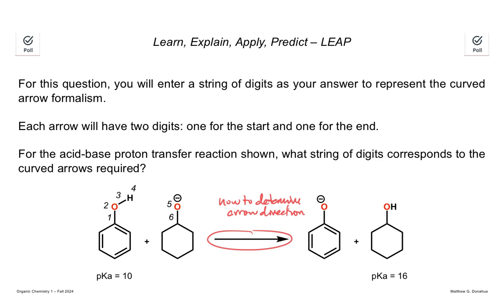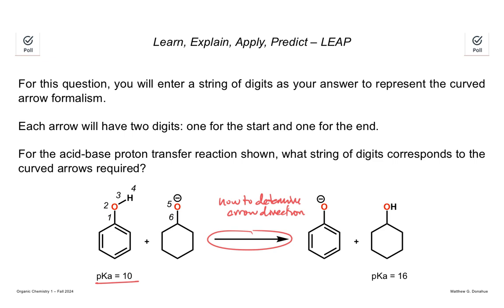So for any acid-base reaction, is the product side favored? Is there some sort of equilibrium that's set up, or is there no reaction where the reactant side is favored? And the way that you do that is you identify the acid on both sides.